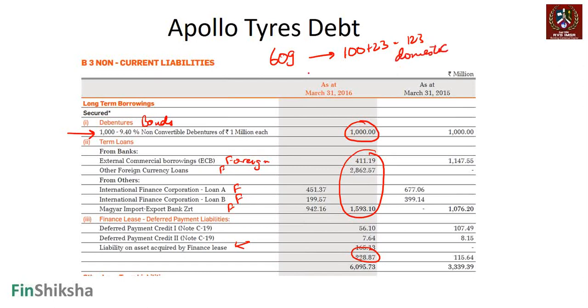Everything else, which is going to be approximately 486 crore, is all external commercial borrowing. Borrowings in foreign currency, essentially, that is available, correct? That's the contour of Apollo Tyres in terms of the debt they have.